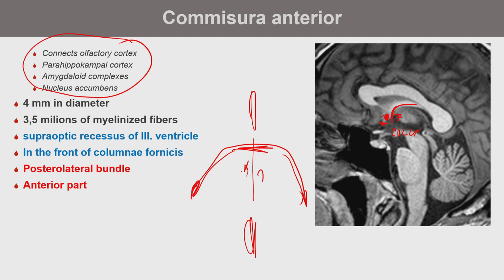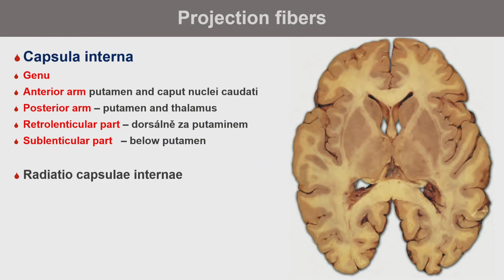Last notes about projection fibers. Projection fibers are called in the diencephalon mainly capsula interna. Capsula interna is a V-like structure which is seen here. Where is it? It's between basal ganglia, here is called nucleus lentiformis, which is putamen and globus pallidus.